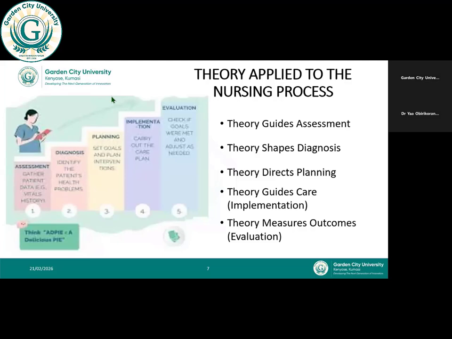Is the patient able to take the medication? Can the patient eat well when it comes to activities of daily living? Is the patient able to carry out these activities?